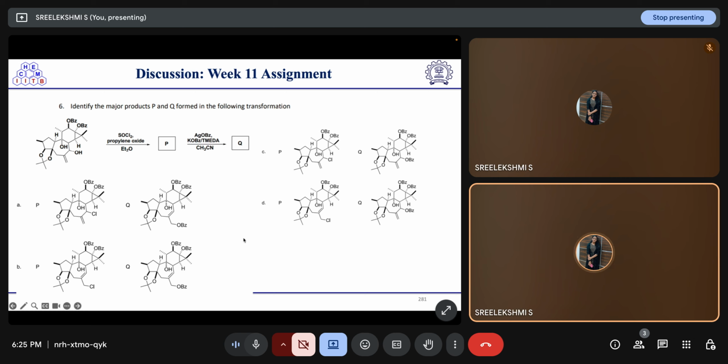Here, in the first step they are treating this compound with SOCl2, propylene oxide and diethyl ether, and then they are getting a compound P, which they are treating with potassium benzoate and TMEDA in acetonitrile solvent. They are getting another compound Q. So you have to identify which is P and which is Q among the options given here.